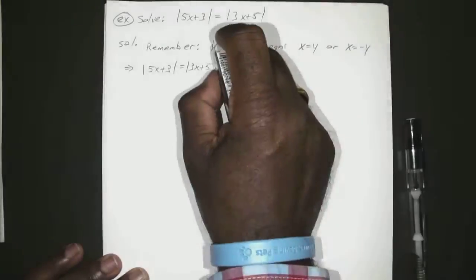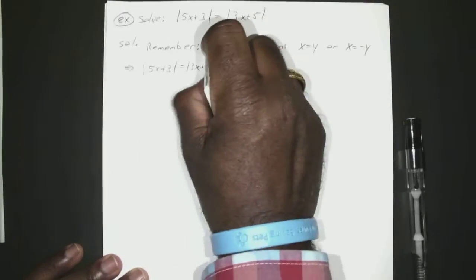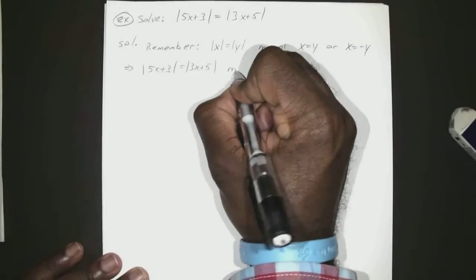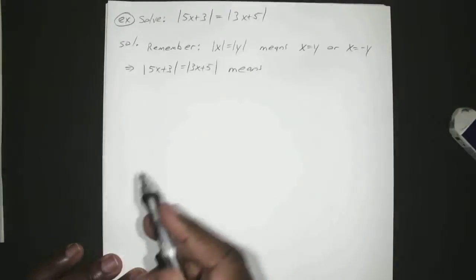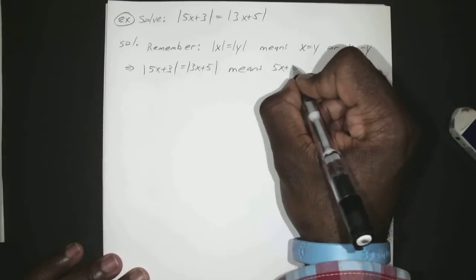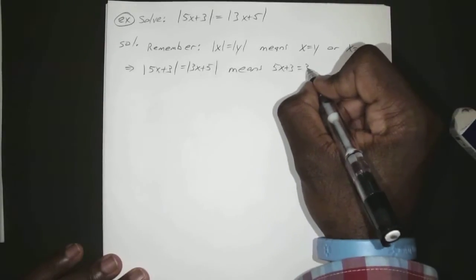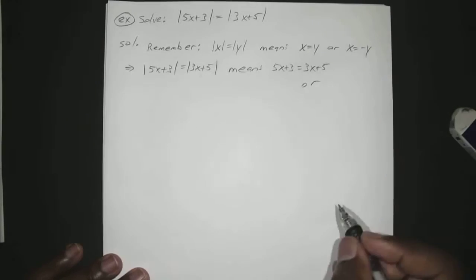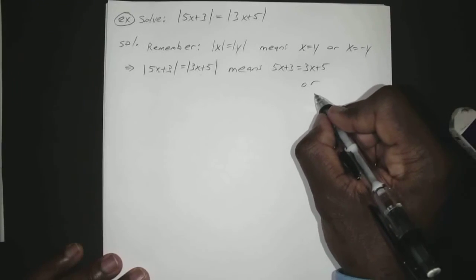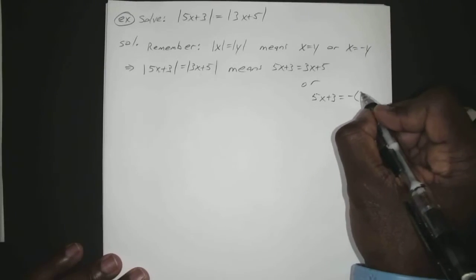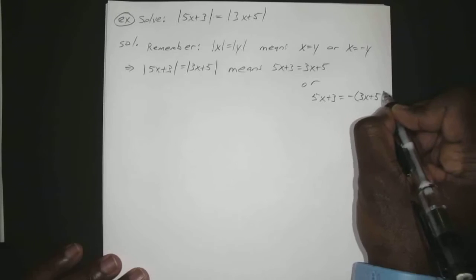So make that look more like an absolute value. Okay, so if this is our x and this is our y, that means that 5x plus 3 equals 3x plus 5, or, I'll put that down here since we're running out of space, 5x plus 3 equals negative 3x plus 5.